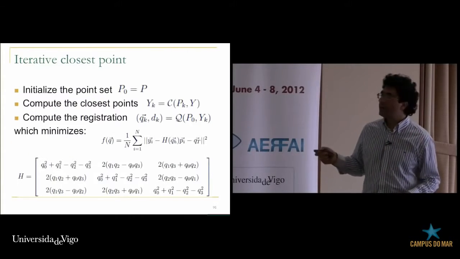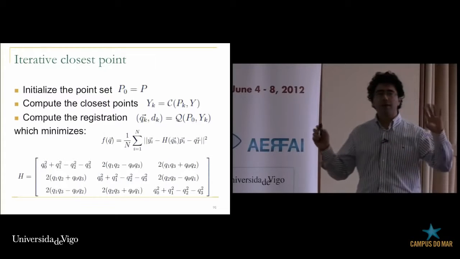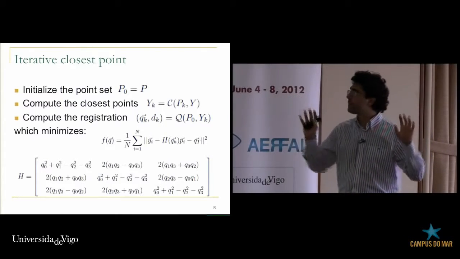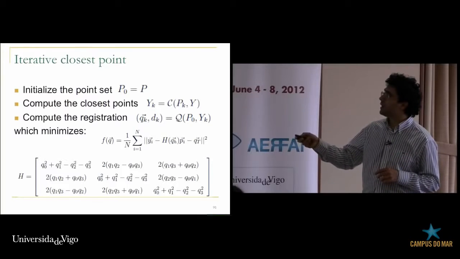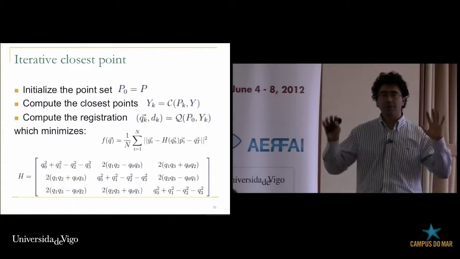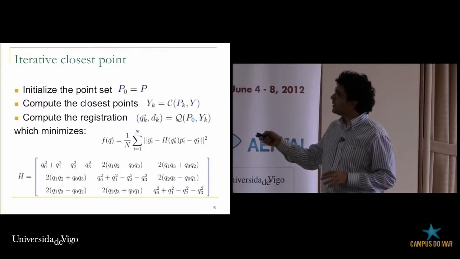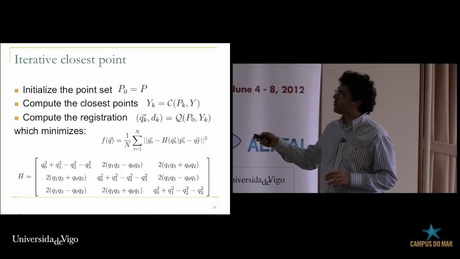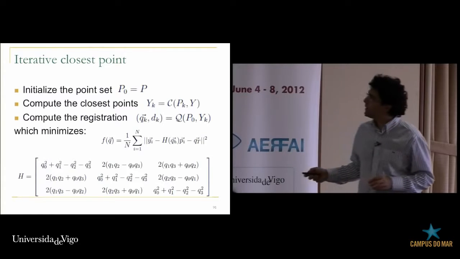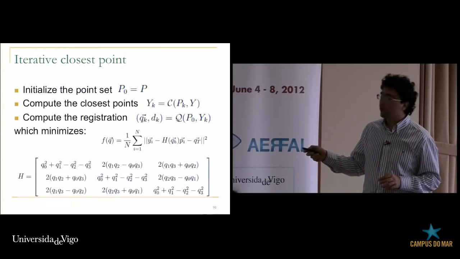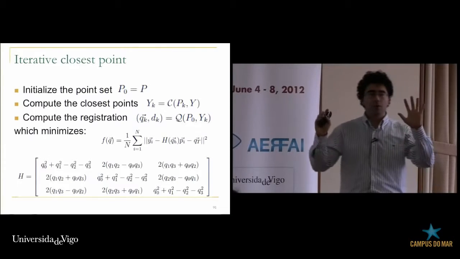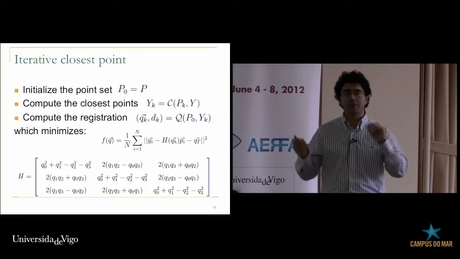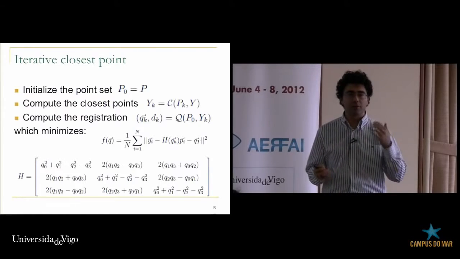for doing ICP, you initialize your point set. Let's say you have 2 point sets that you want to align. P0 is your first iteration. You set it to P, which is the set that you're going to align, and you're aligning it to, let's say, the second point cloud, which is Y. You compute the closest point in P for every point in Y. So that means if I have 30,000 points, typically a laser scanner will give me 30,000 points on the face.